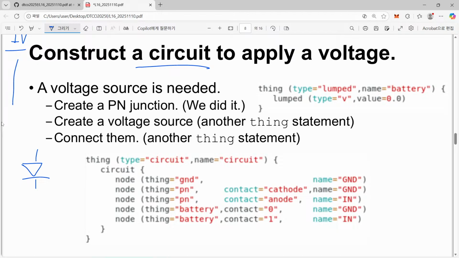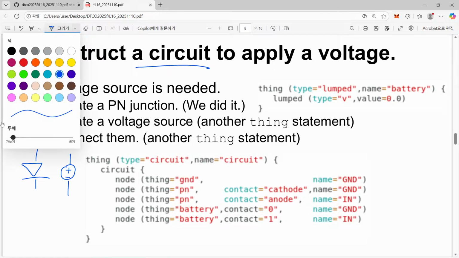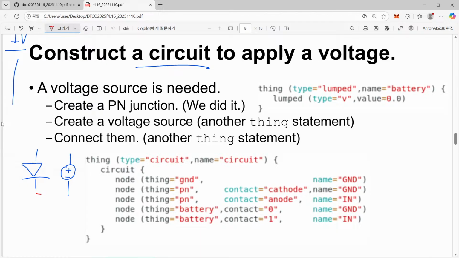What we have to do is prepare a voltage source and connect their terminals with a line and with a line. Then if we change the electromotive force of this voltage source, for example starting from 0 to 0.7 volt, it will work as a simple diode.